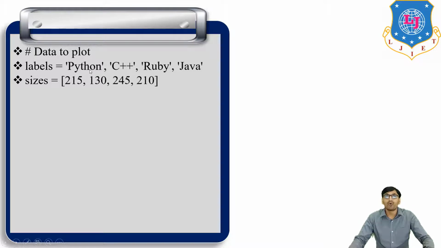So these four elements, and sizes 215, 130, 245 and 210. So first make the summation of all these items and then from 100 percent, how much percentage is for the first element, how much percentage for the second element, that is represented by the pie chart.